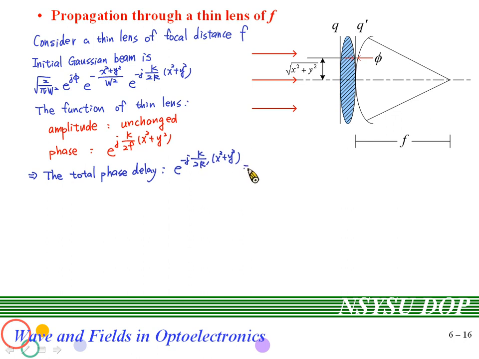And the R prime, of course, is formed by the original phase times the function of the thin lens, the L function.